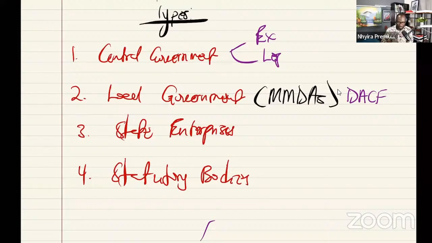Then we have state enterprises. These are enterprises in which government owns the majority of the shares in the company at the end of the day. So either it is totally 100% owned by the government or government owns the majority of the shares. They become state enterprises.